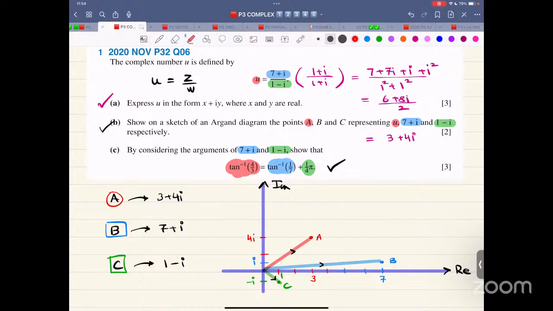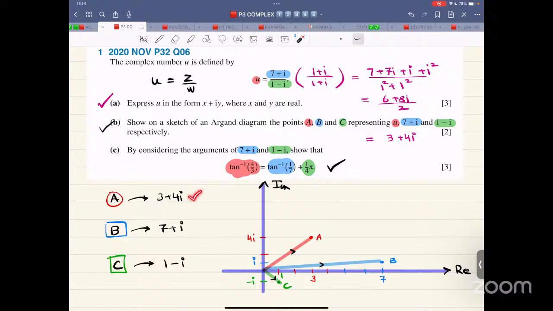So there is u, there is B, there is C. Now have a good look. U is red over blue over green. So now this combination, I'll just have a look.